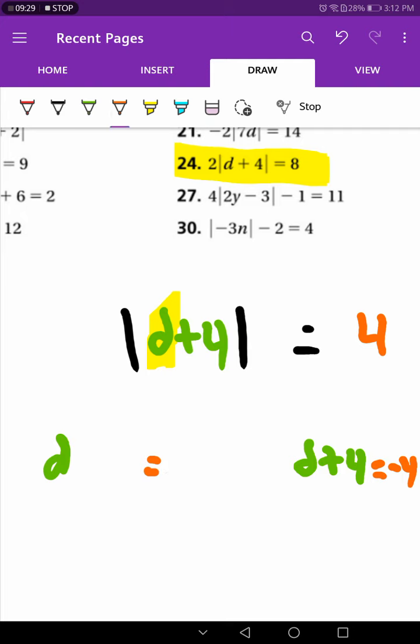Don't hesitate. And here negative 4, negative 4. So this gives 0, and this gives negative 8. Okay, my dear student, this is 24.